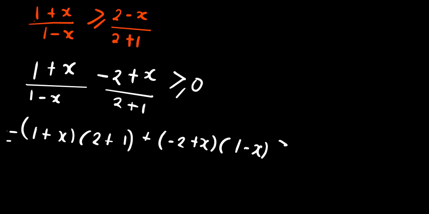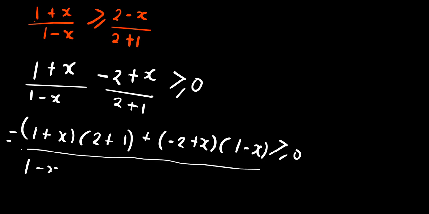This should be greater than or equal to 0. Then the whole expression is divided by (1 minus x)(2 plus x).